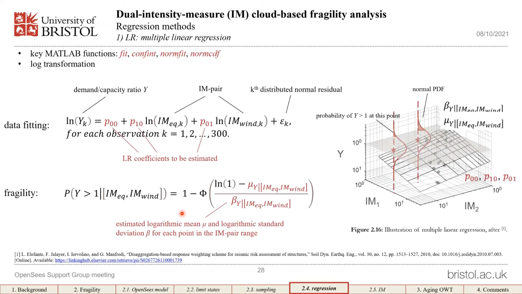Now, the first method is the standard approach for deriving fragility, which is the linear regression method. So it's pretty straightforward.